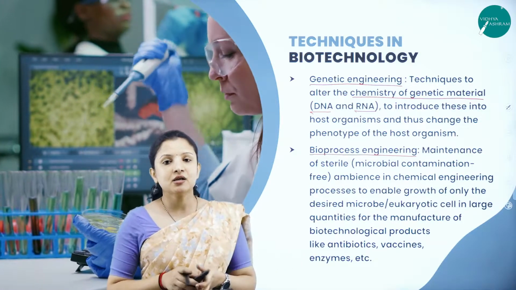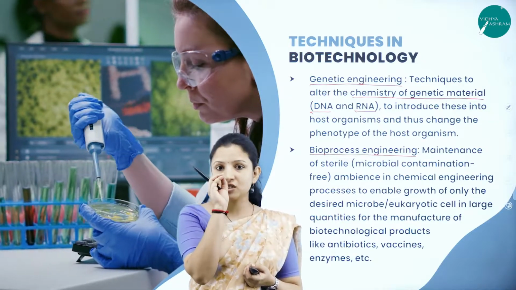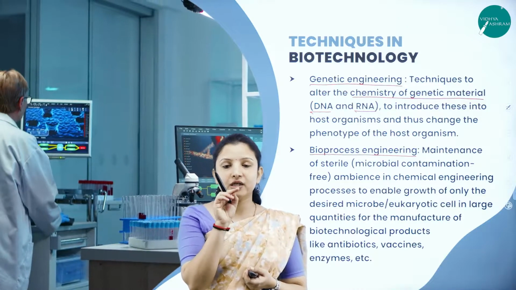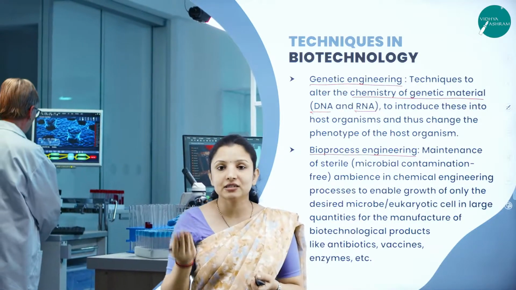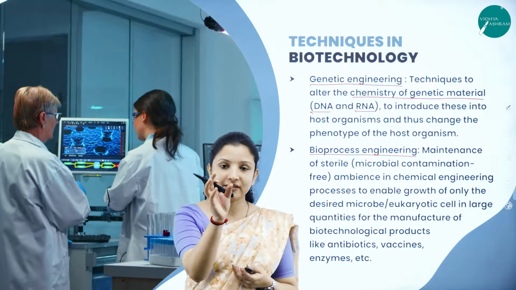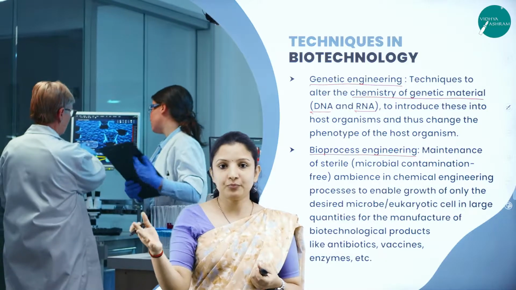So they will cut that particular gene from the plant, the gene which is responsible for increasing the yield, and insert it into the bacterial DNA, and that bacteria, they will send into the other plant.